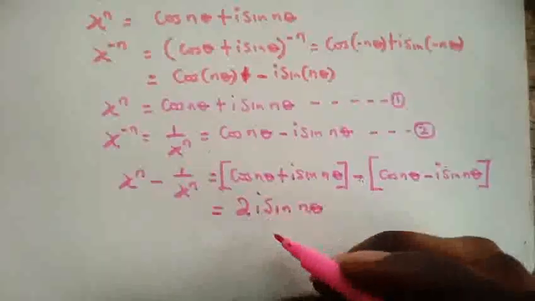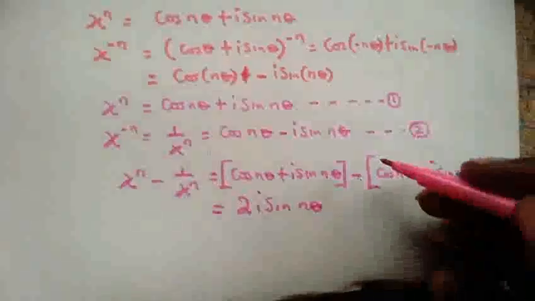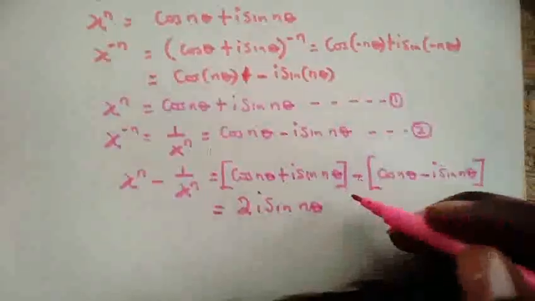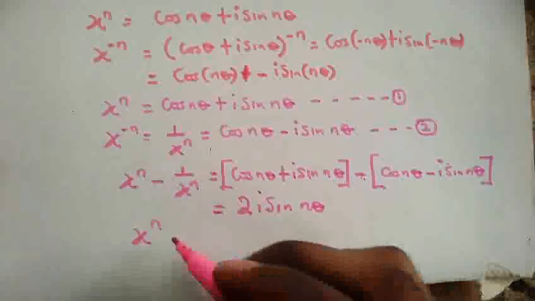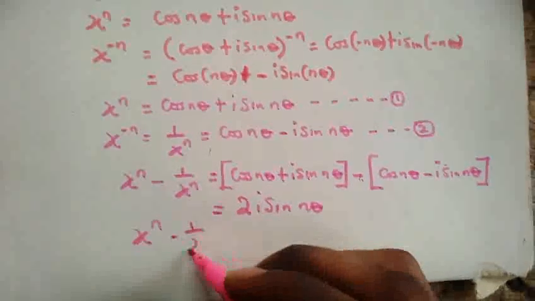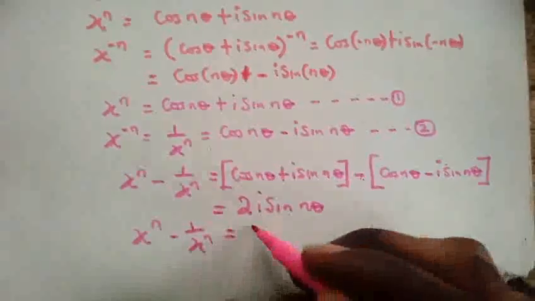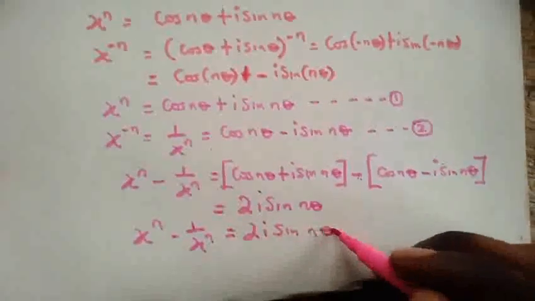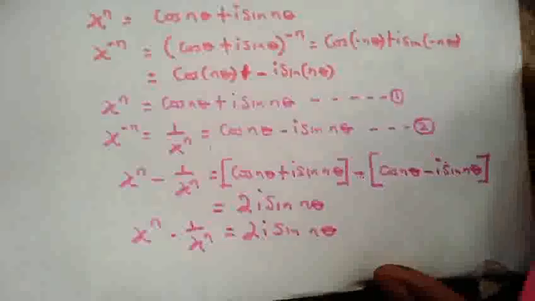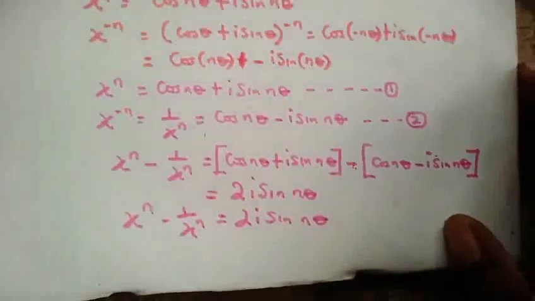So this is the first theorem of De Moivre, and we have proven it. So we have that x raised to n minus 1 over x raised to n is equal to 2i sine n theta. Now we're going to prove the one of addition.